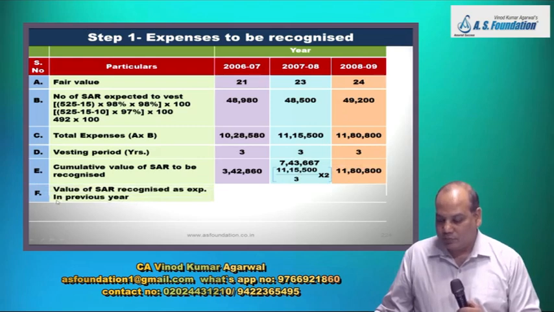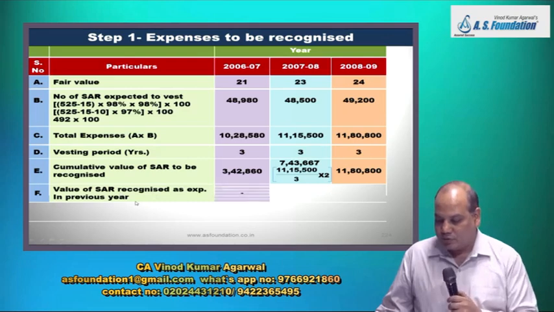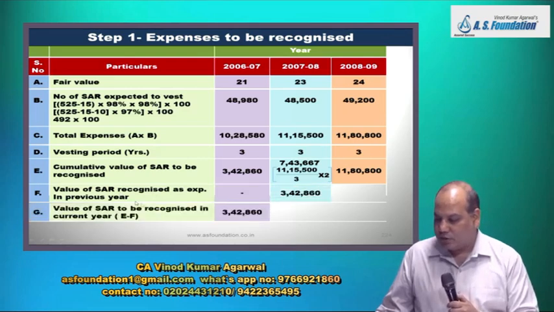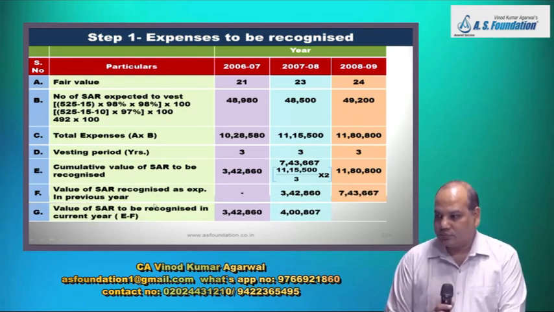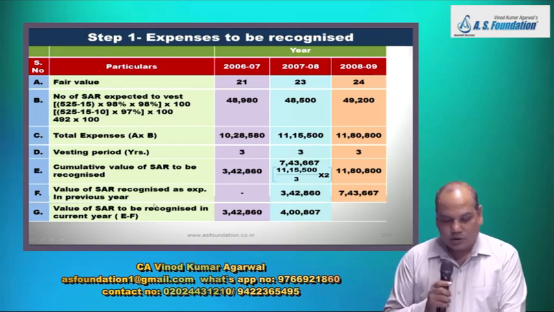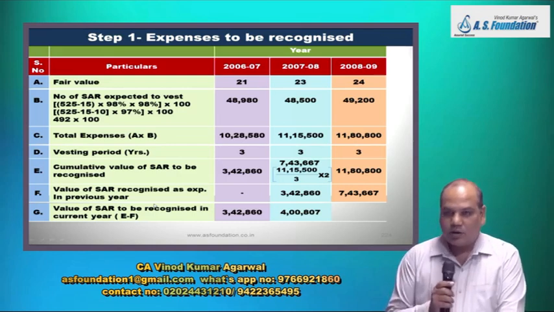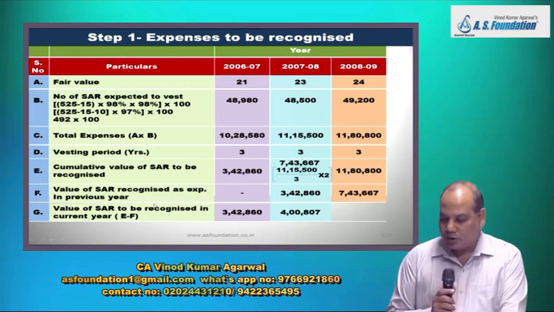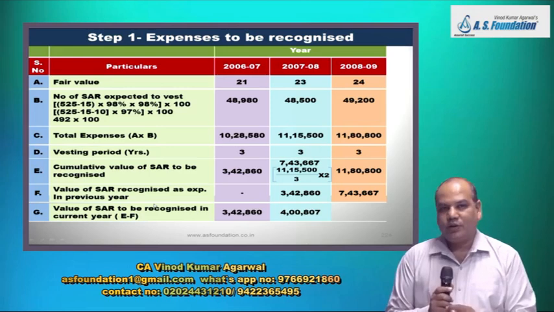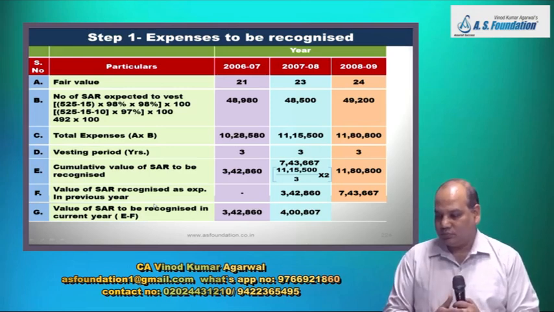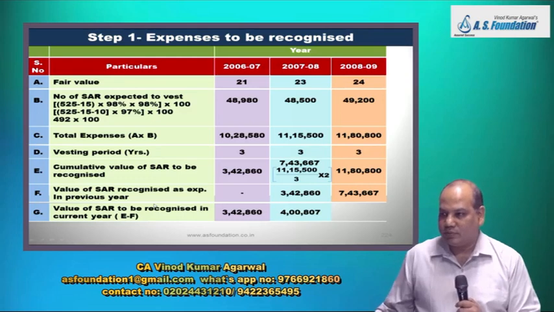Point F, write down value of SAR recognized as expense in previous year. 0, 342,860, 743,667. Last line, value of SAR to be recognized in current year. E minus F. 342,860. Correct? 4 lakh 807 and 437,133.